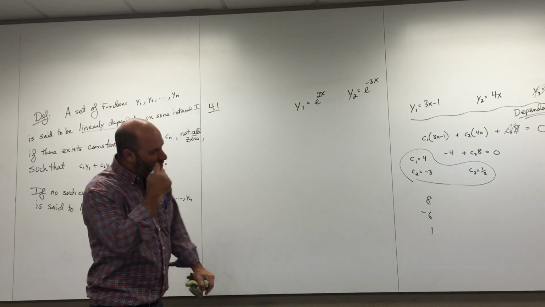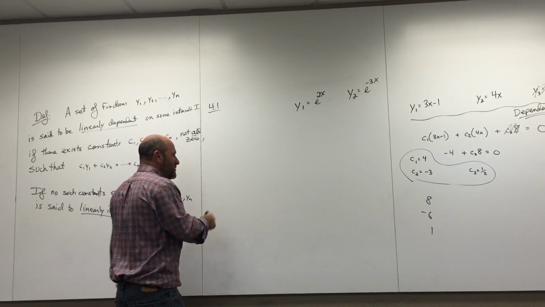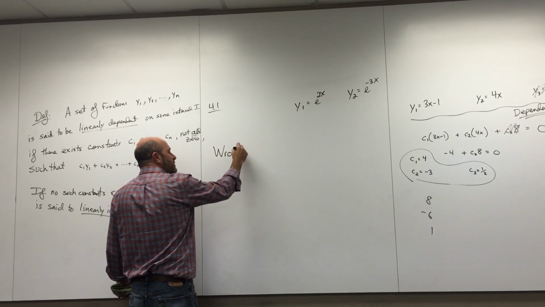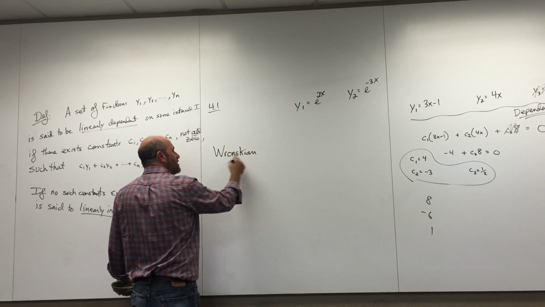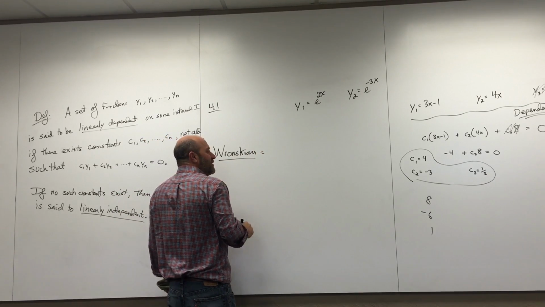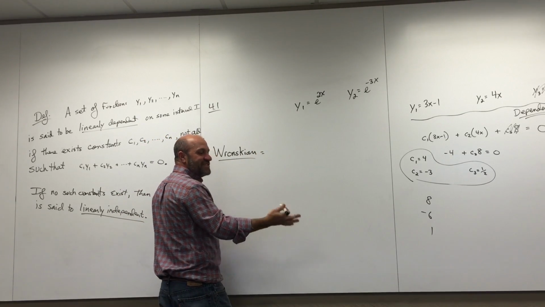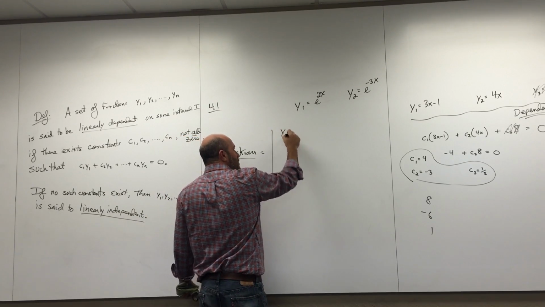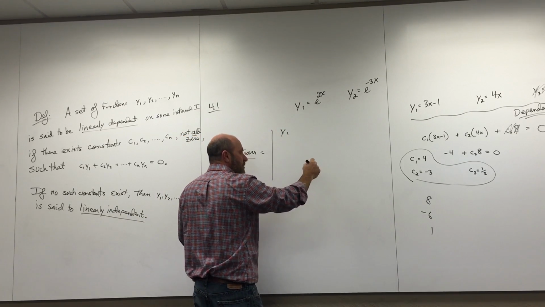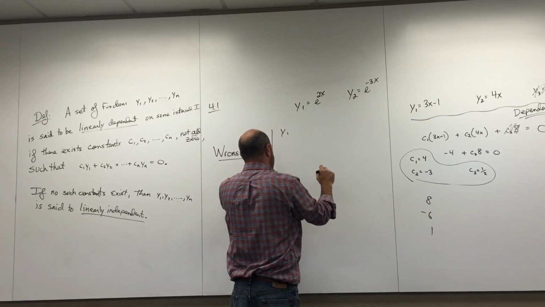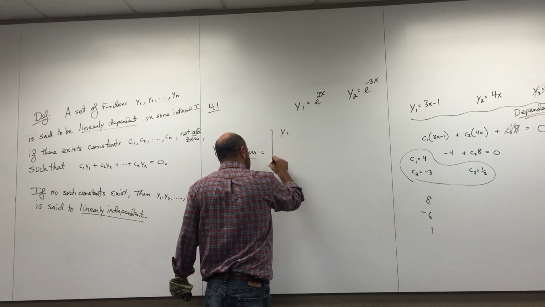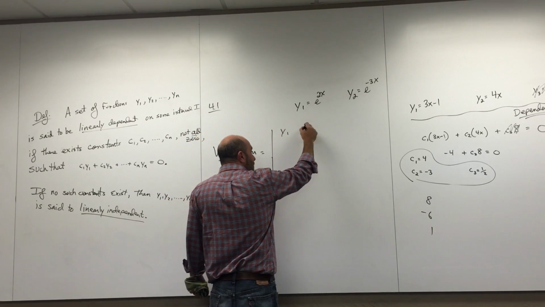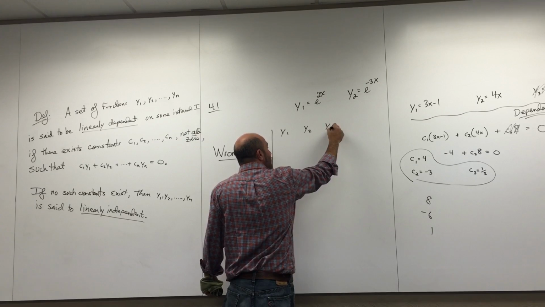The Wronskian proves this. I like to pronounce it Wronskian for some reason. When you do the Wronskian of a set of functions, you do this determinant. I'm going to do it for y1, y2, but what if I had three functions?